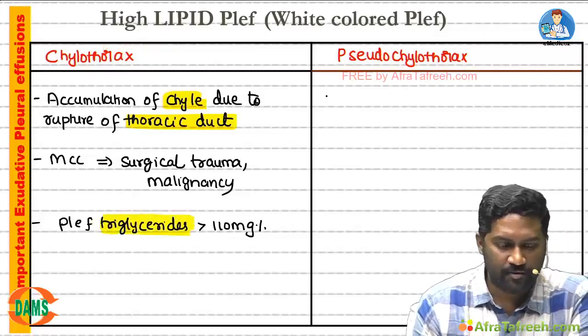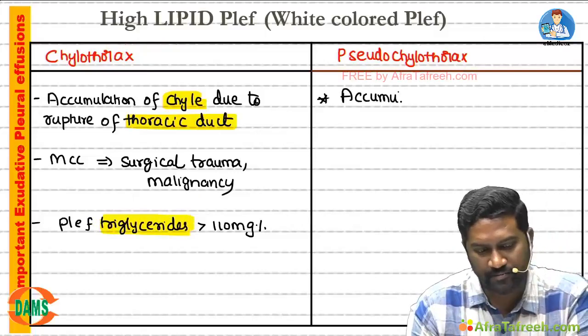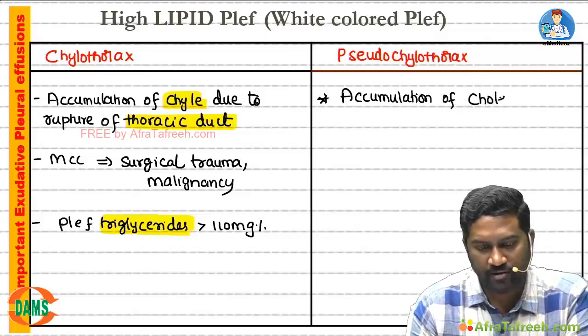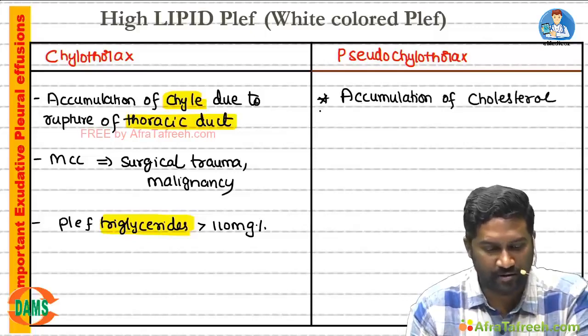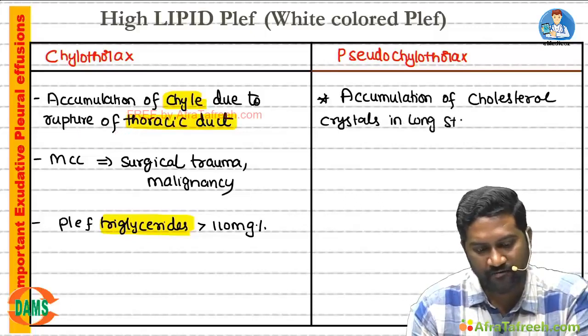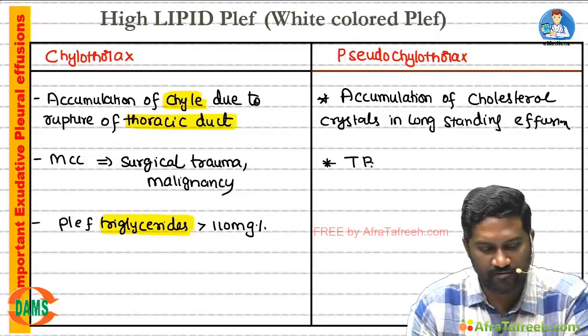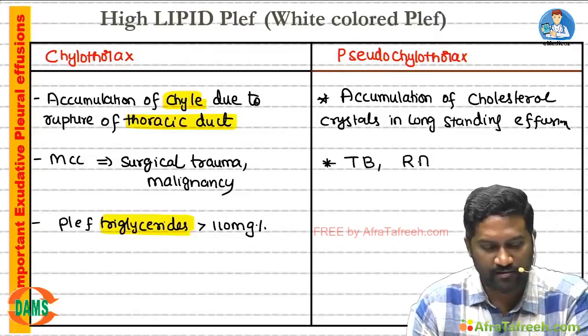Coming to pseudochylothorax, this is accumulation of cholesterol crystals in long-standing effusion. Usual long-standing effusions are due to tuberculosis, rheumatoid arthritis.